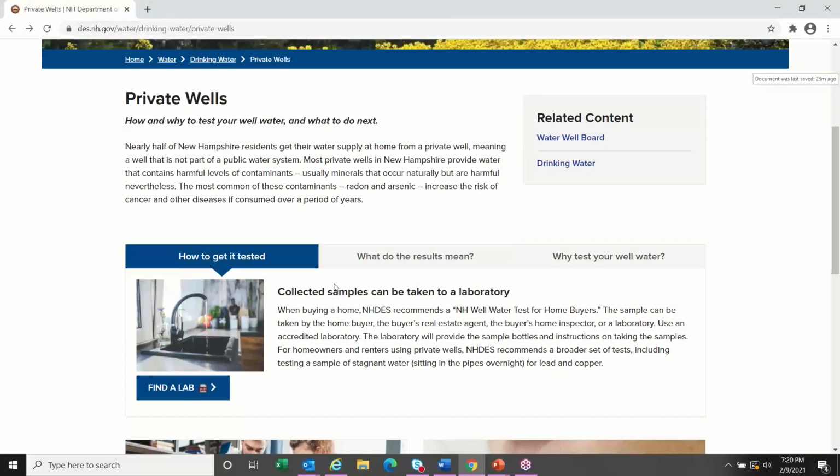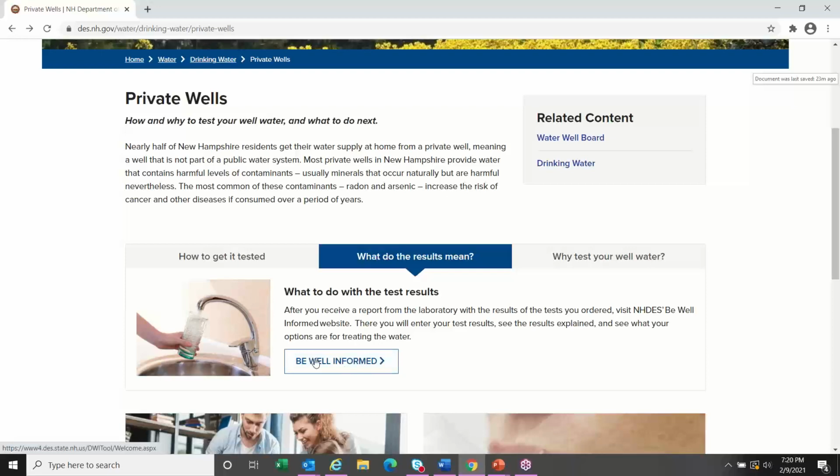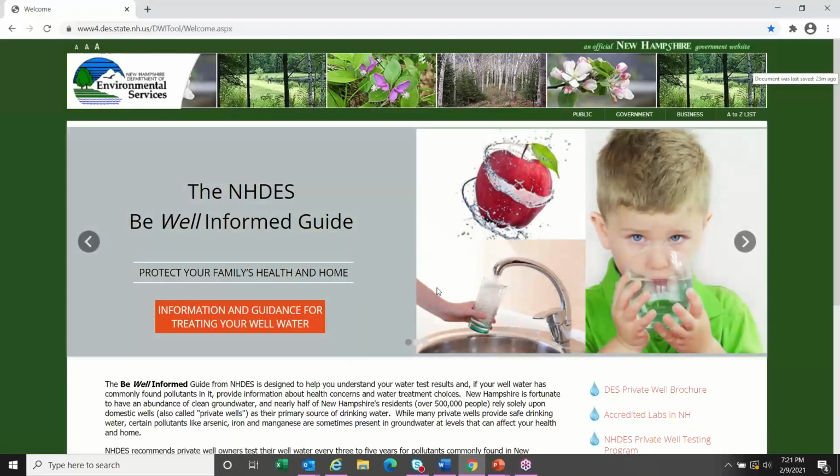Back to the private well page. So this tab here in the middle, what do the results mean? So if you click on that, there we go, and then click on Be Well Informed, that will bring you to the Be Well Informed guide.